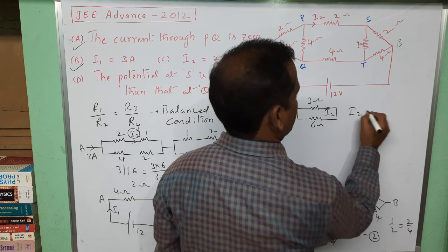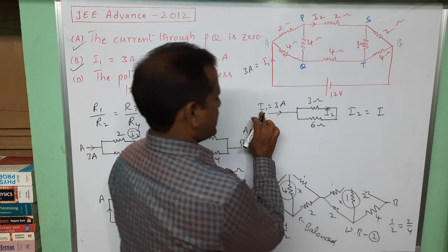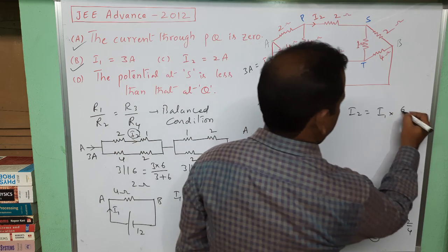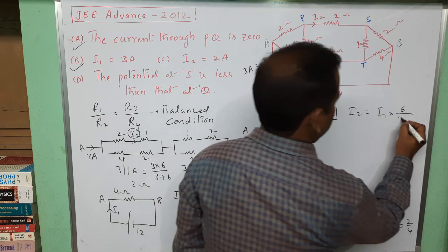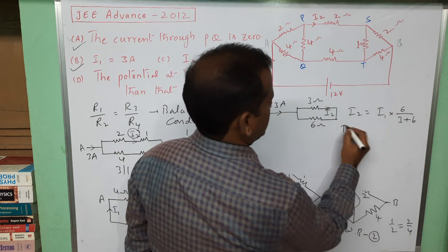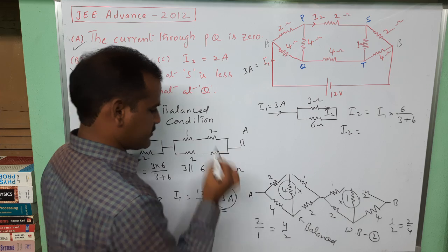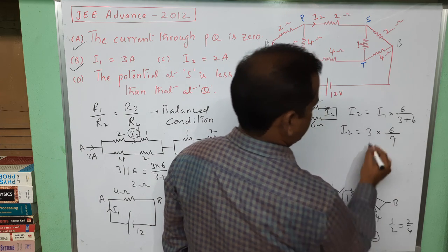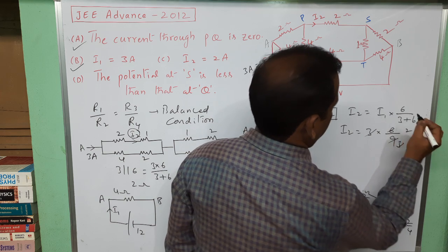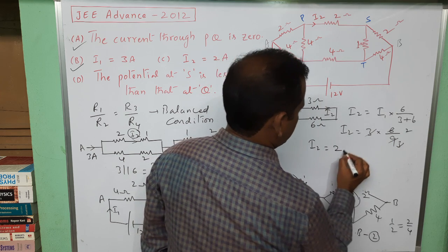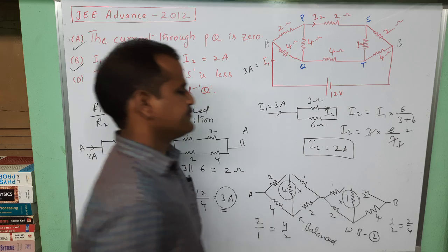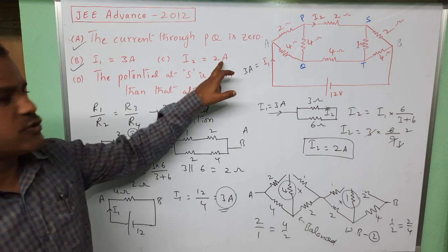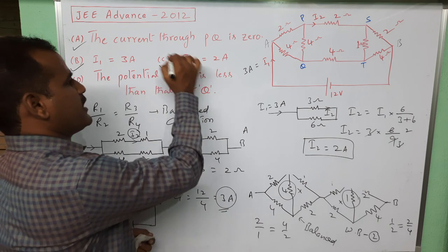According to current division rule, I2 formula is total current, that is I1 here, opposite resistance divided by total resistance 3 plus 6, and we got that I1 is equal to 3 amperes. So 3 amperes multiplied by 6 divided by 9, that means 3 times 2 by 3. So we got I2 is equal to 2 amperes here. So I2 value is 2 amperes we are getting. So option C is I2 is 2 amperes means this is also correct statement.